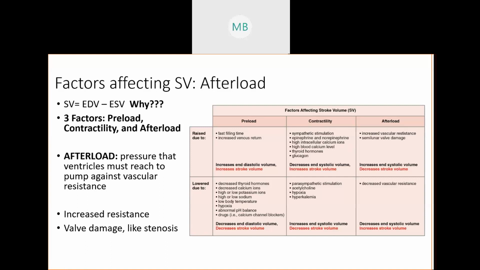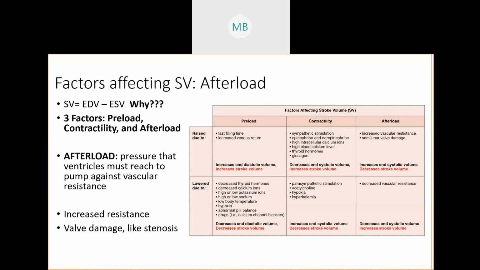This afterload factor is what you hear about the majority of the time when we are talking about actual major health concerns and problems with the heart. So this is the pressure that ventricles must reach in order to pump the blood through all vascular resistance, right?